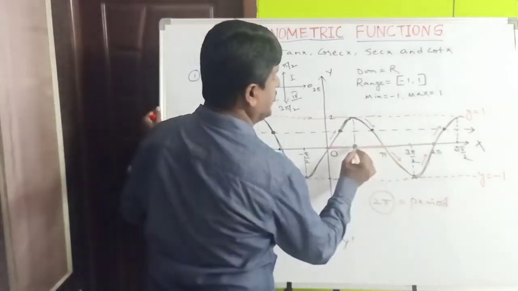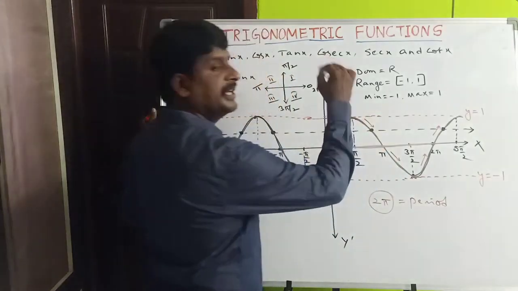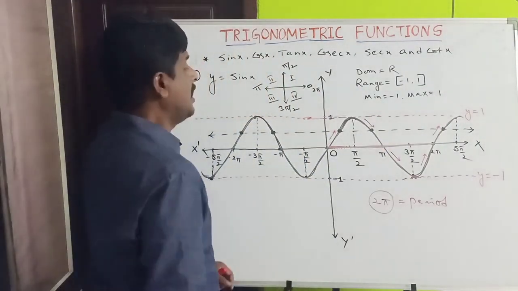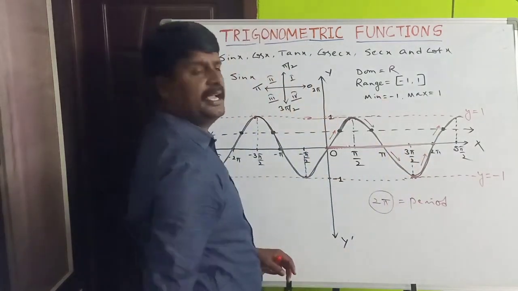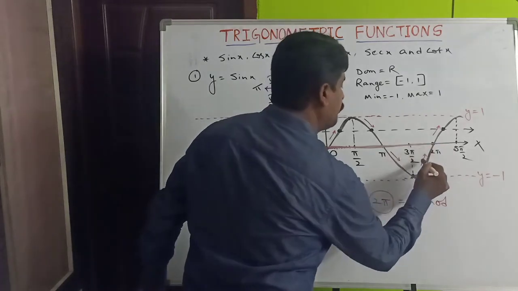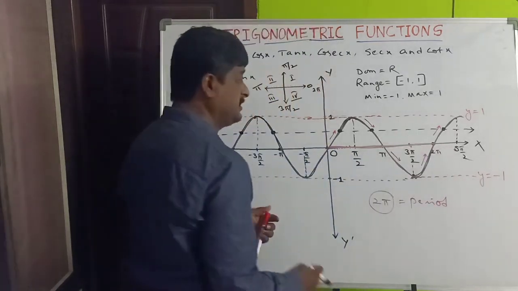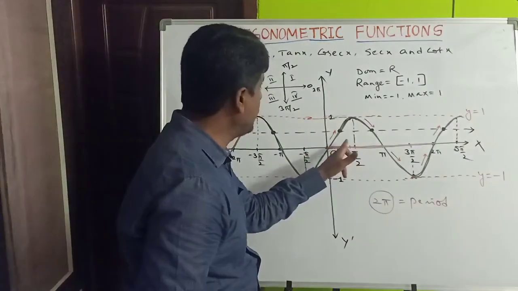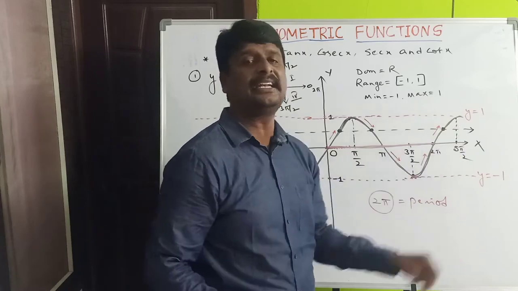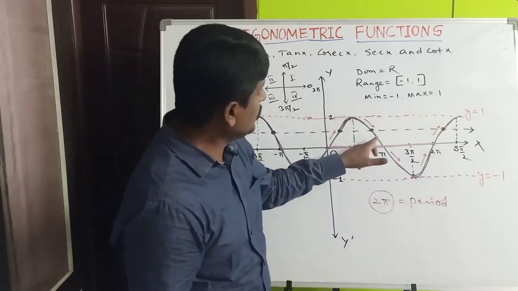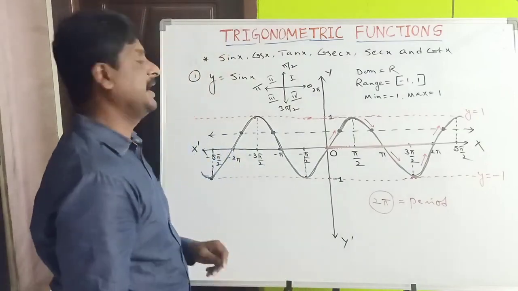In the second quadrant, meaning pi by 2 to pi, sin x is always decreasing. Pi to 3 pi by 2 also sin x is decreasing. 3 pi by 2 to 2 pi, sin x is increasing. Means in the first quadrant, 0 to pi by 2, increasing, again in the fourth quadrant it is increasing. Second quadrant decreasing, third quadrant also decreasing.